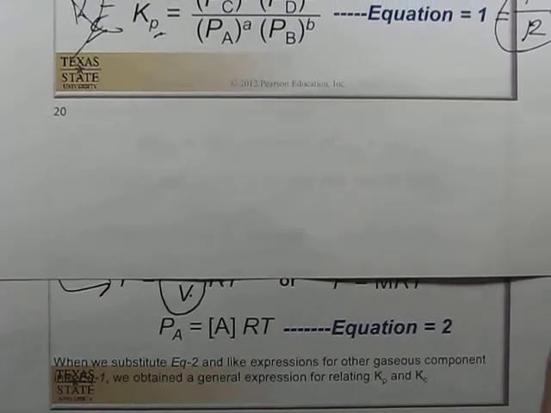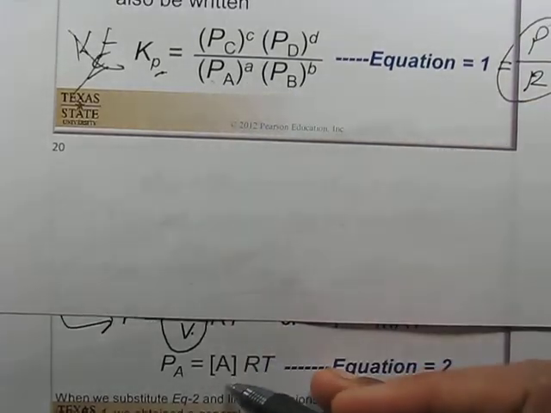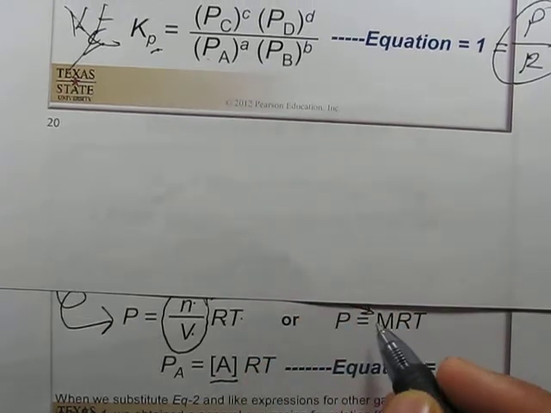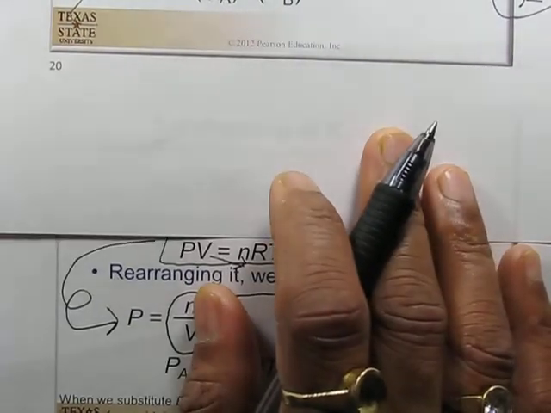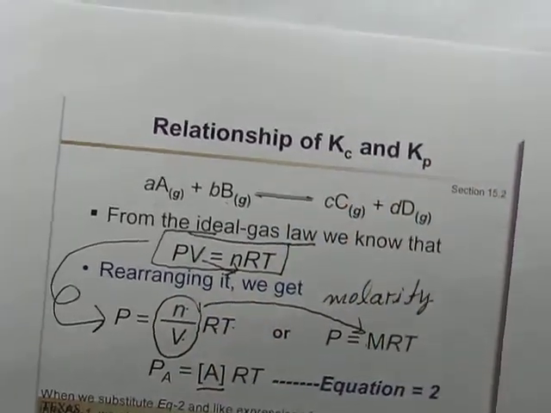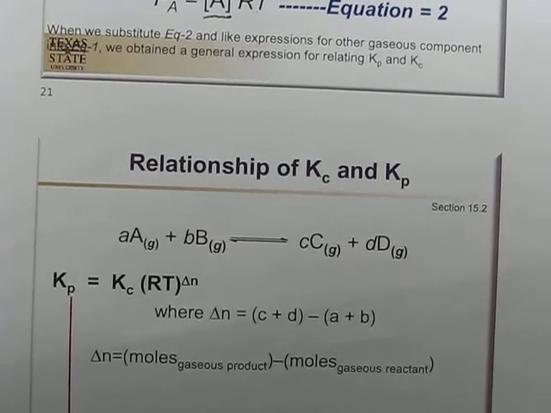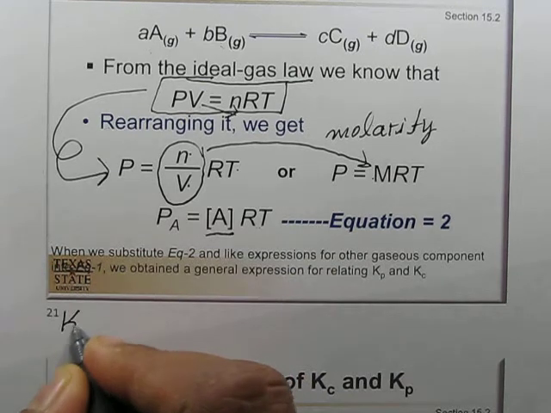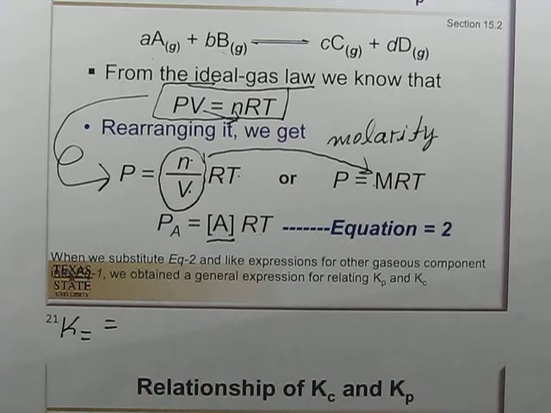We can write capital Pa in terms of concentration, where this is the molarity of A, and RT. In the same way we can write the molarity of the other reactants also, and we can write Kp equal to, so let's look at our previous slide again.